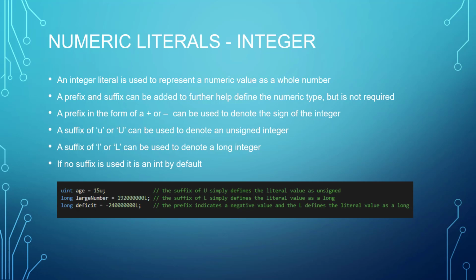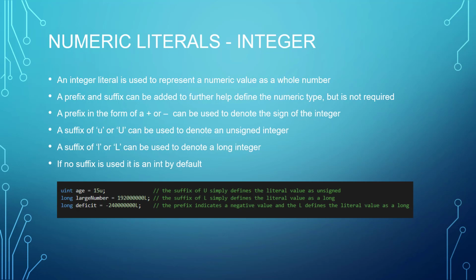You can also define it as simply a long, and it'll store a number that's roughly 2.1 billion. And then if no suffix is used at all, you just provide a numeric value for an integer, it by default is an int, which is what we've been using. So if you don't provide a suffix, it is an integer by default.